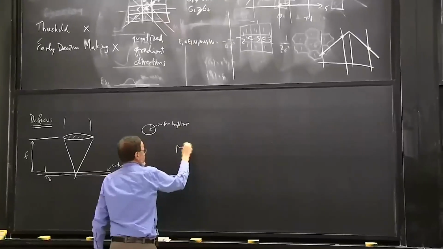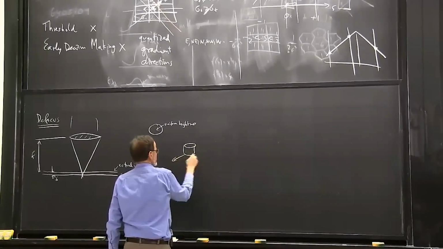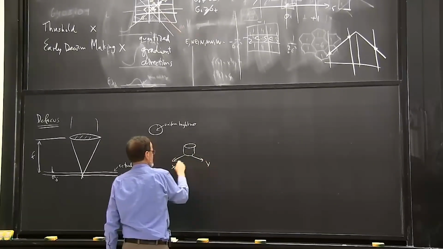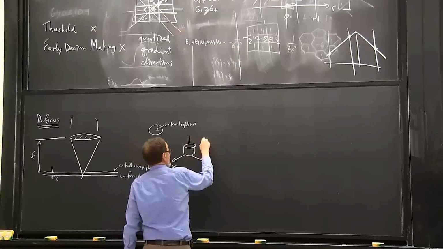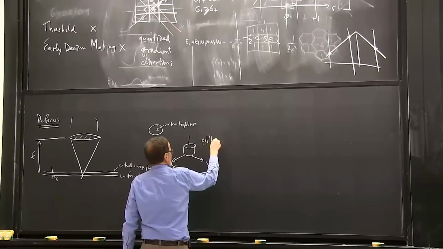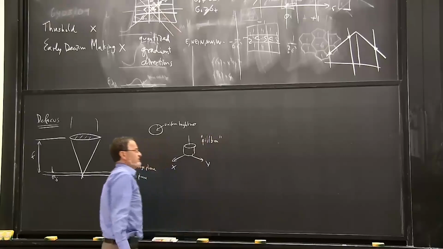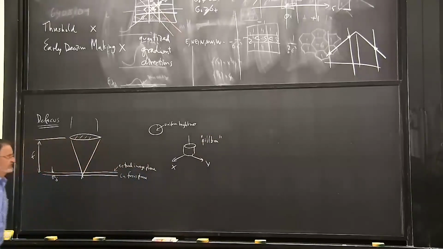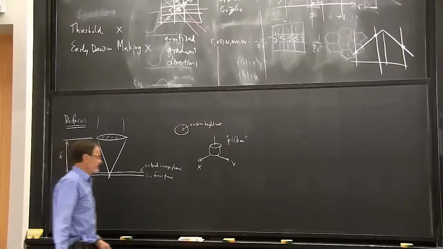And if I want to plot it as a function of x and y, it would look like this. I call this a pillbox. I guess people don't have pillboxes anymore, but it's a cylinder of constant height.